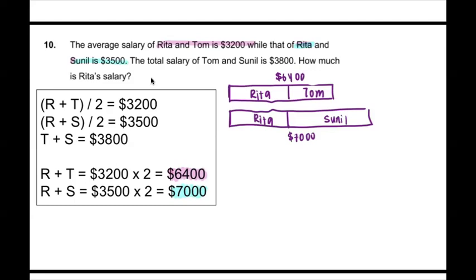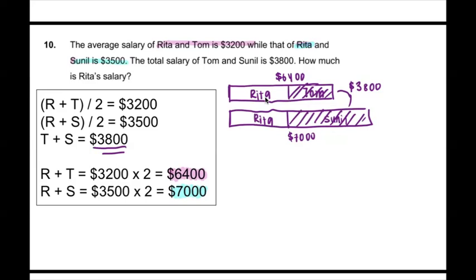Okay, now we cannot forget this sentence here. Tom and Sunil is 3,800. So here, the one that I shaded, which is Tom and Sunil, these two, when you add them up, they will get 3,800. So from here, you can actually find out, because you know that Rita and Tom is 6,400, Rita and Sunil is 7,000, and you know the value of Tom and Sunil, which is 3,800.